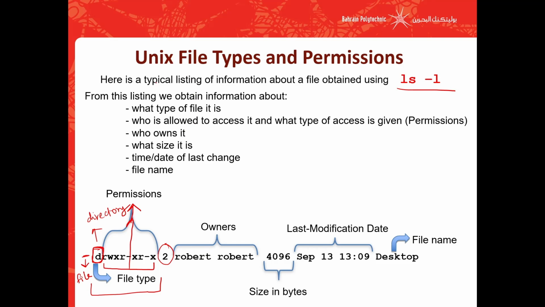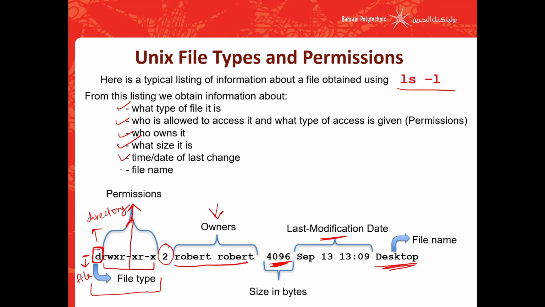Okay, so we looked at what the file type is, what the permissions are, then who owns it. The next two names represent the owner of the file, and after that you have the size of the file in bytes. This number represents the size, and then you have the modification date, the last modified timestamp, and then the name of the file.